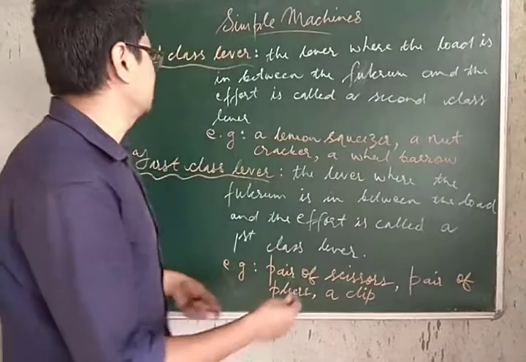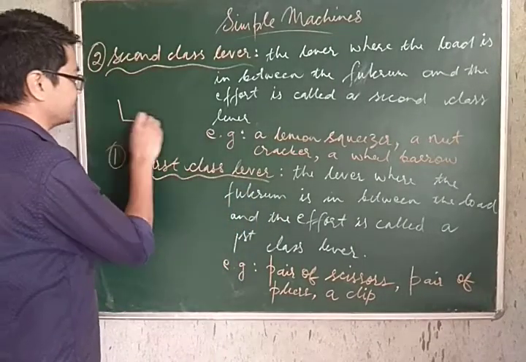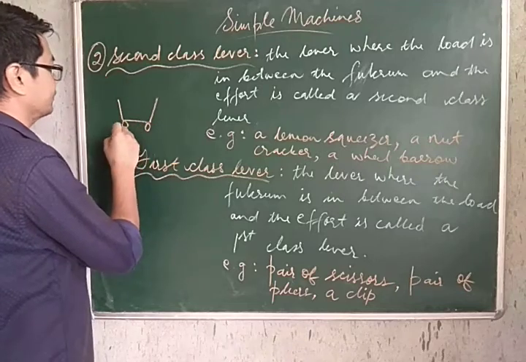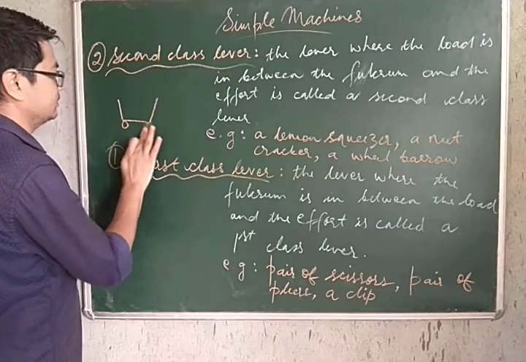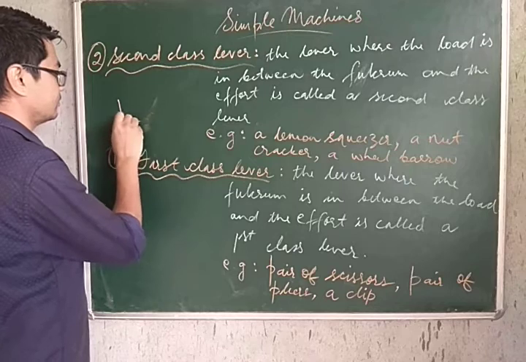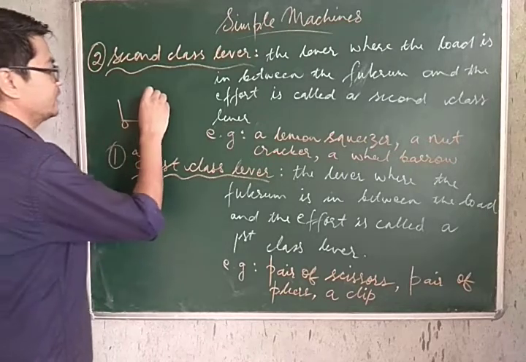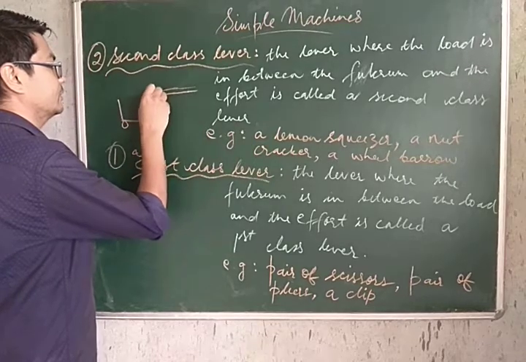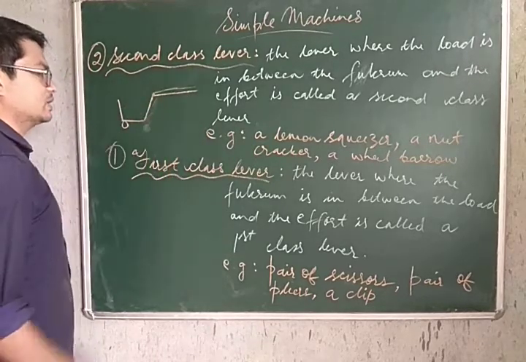The trolley, how do I draw a trolley? I'm very bad at drawing pictures. So it's like a trolley has wheels over here. It has a wheel over here and it has two handles over here. So what happens?